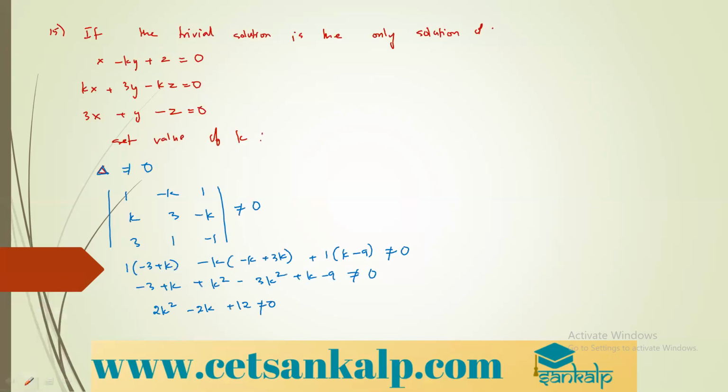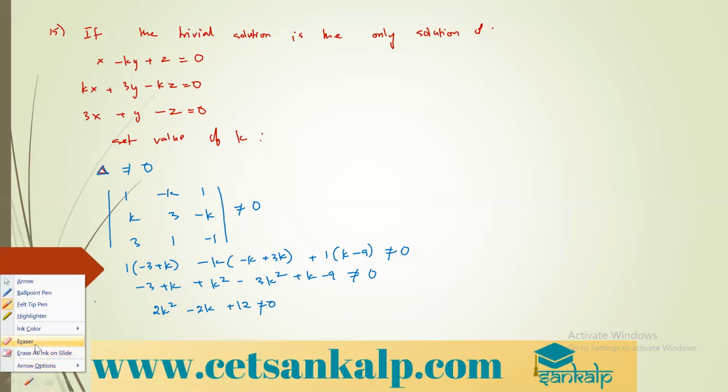Something is wrong. Maybe the determinant: minus 3 plus k, minus k plus 3k. Yeah, here it is, k minus 9. So minus 3 plus k square minus 3k square, k minus 9. So what are we getting here?